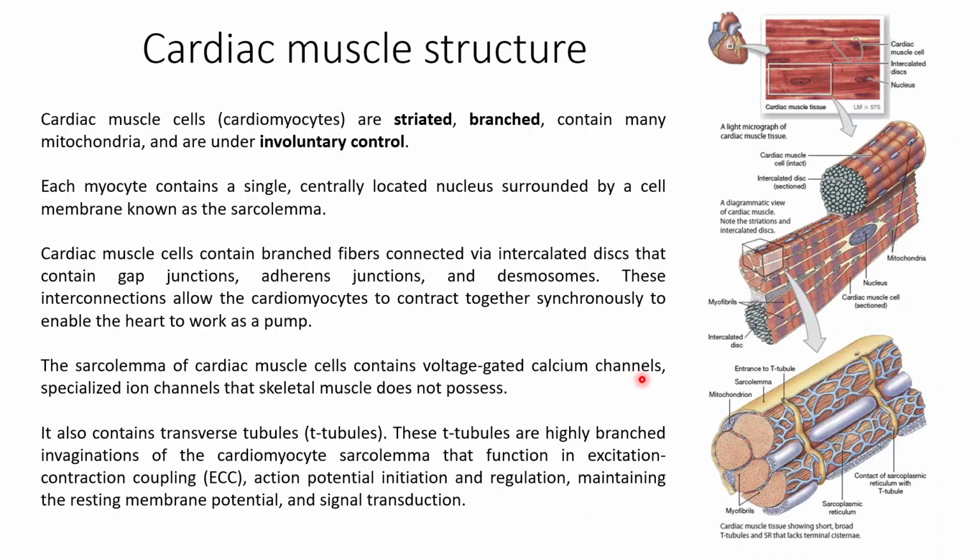They are very important in excitation contraction coupling. Essentially, when there is an excitatory stimulus and then contraction of the heart, and the regulation and rhythmicity of that, T tubules are very important when it comes to the entry of ions for that process.